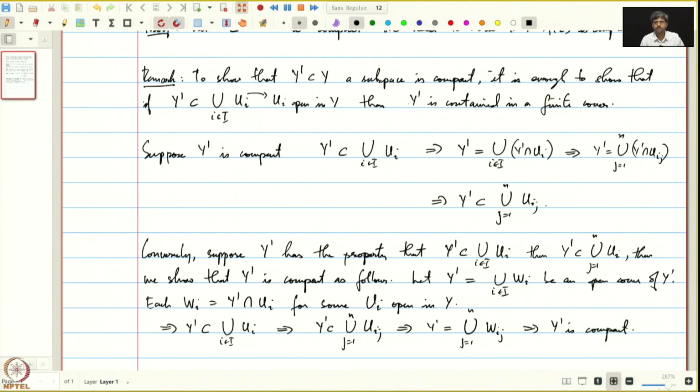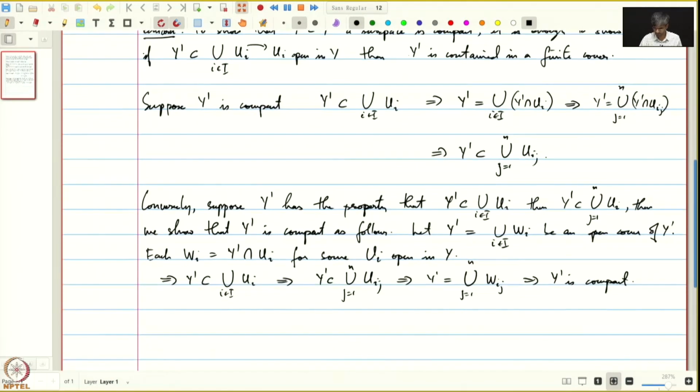Right, so we will repeatedly use this remark. If we want to show that a subspace is compact, we will show that every time it is contained in an open cover, it's contained in a finite subcover of that open cover.